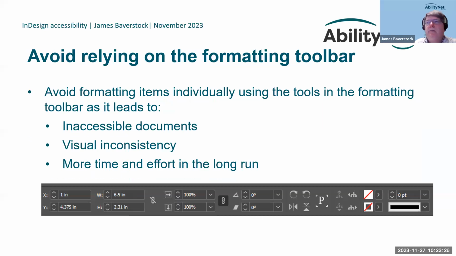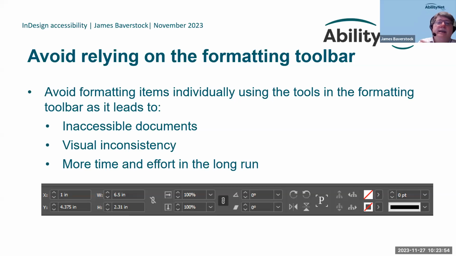And a really, really fundamental thing to understand is that you want to avoid formatting items individually using the tools in the formatting toolbar. So what you don't want to do is, if you decide you want something to be a heading, go up to the formatting toolbar and just make that individual element big and bold and red.